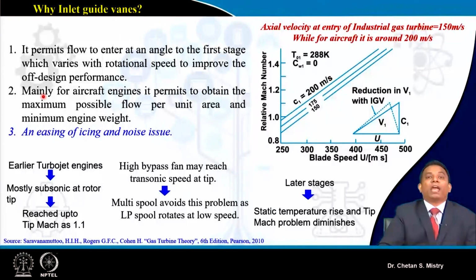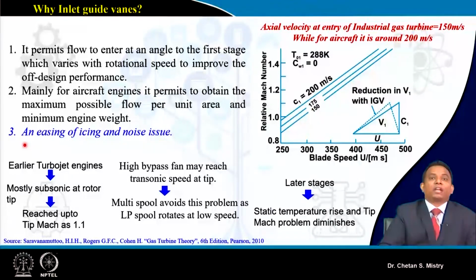Okay, now it says this gives maximum possible flow per unit area, and that gives the minimum engine weight. Next, the issue it addresses is easing of icing. When you are flying at altitude, or maybe moving towards the western side, you will find that the temperature is lower.